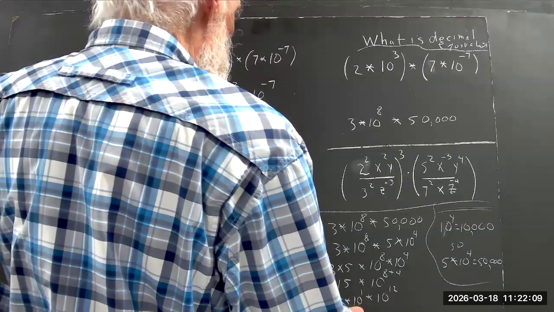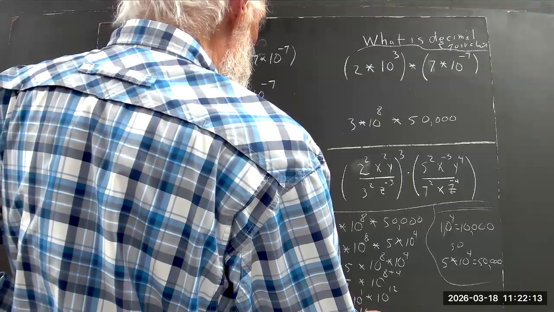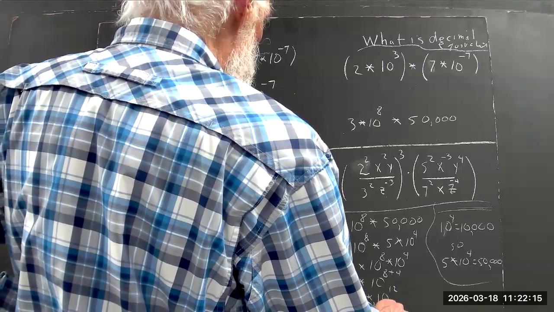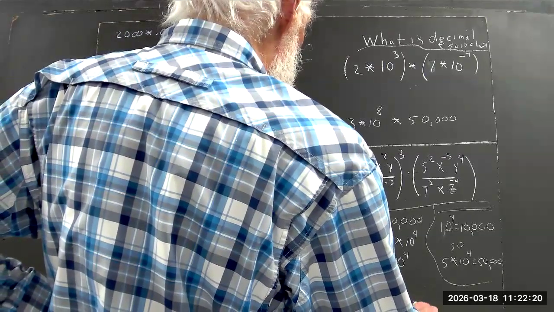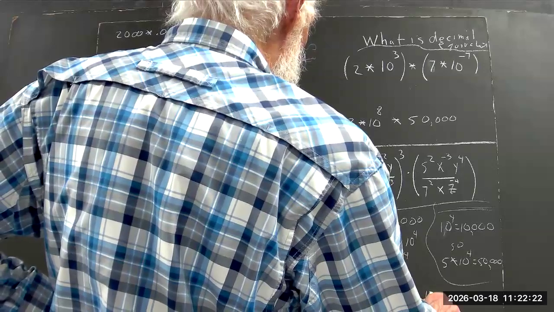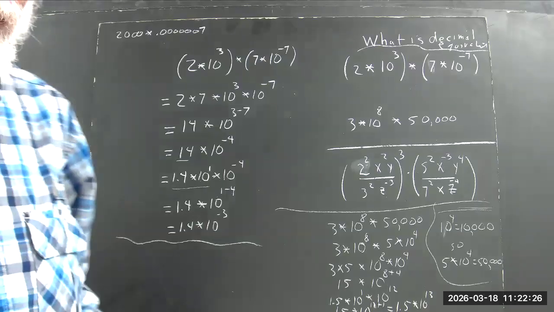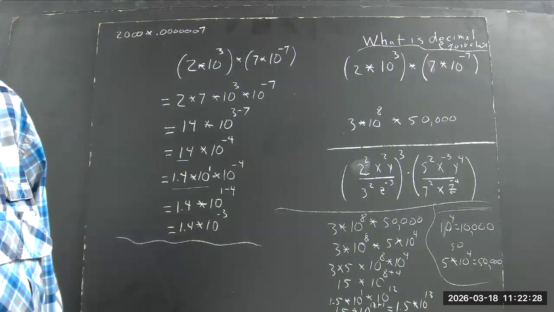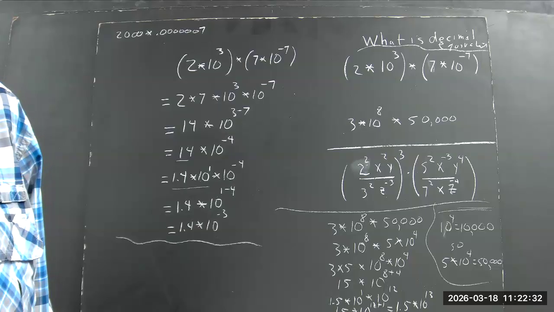Make that 10 to the 1, and we see that what we get is 1.5 times 10 to the 12 plus 1, equals 1.5 times 10 to the 13th. Okay? 15 trillion.